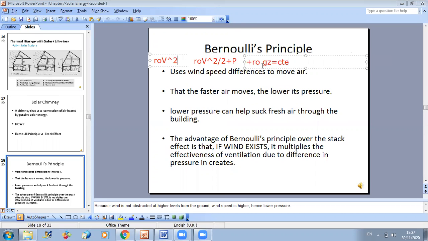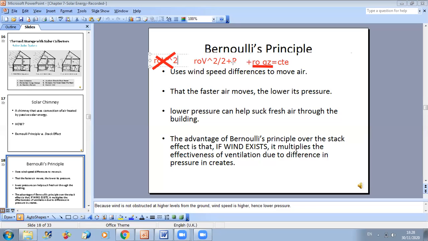This was the Bernoulli equation. If you look at this equation and neglect variation in altitude, if we don't have very large variation in altitude, then rho v square over 2 plus p is constant. This means that if you have a high velocity, pressure will be reduced. This is the Bernoulli effect.